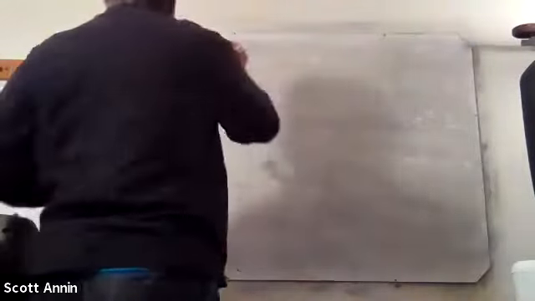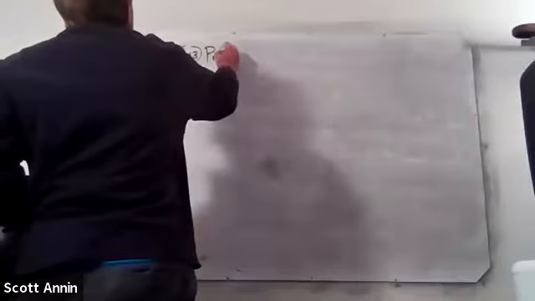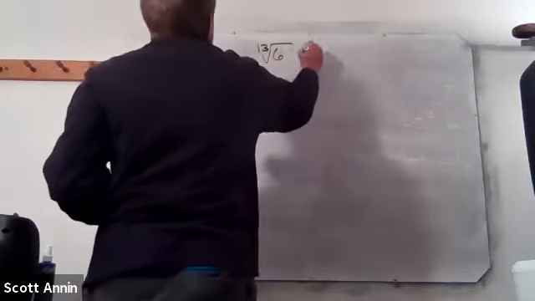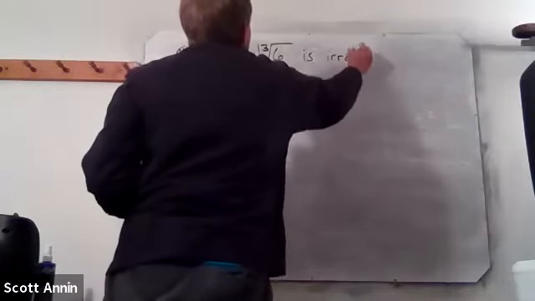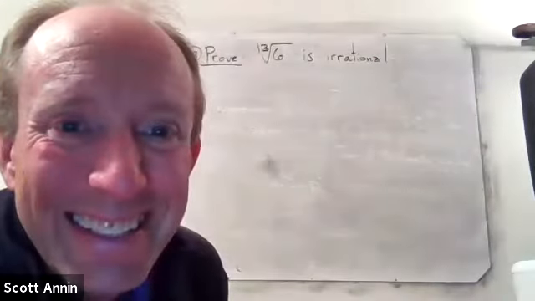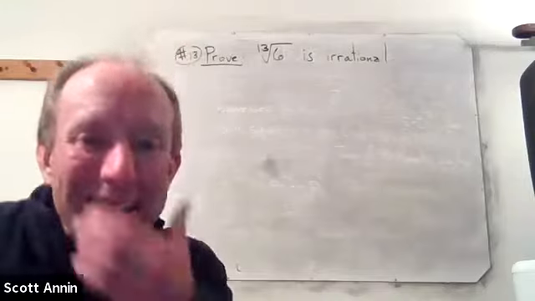You guys have to correct me if I'm wrong, but I'm almost positive that we did this. This is going to be number 13, I think. Let's prove that the 13th root of 6 is irrational. Does that sound familiar? Yes, we've done this kind of problem.